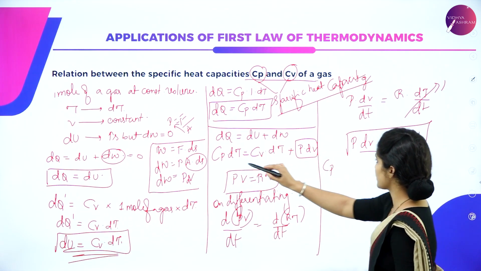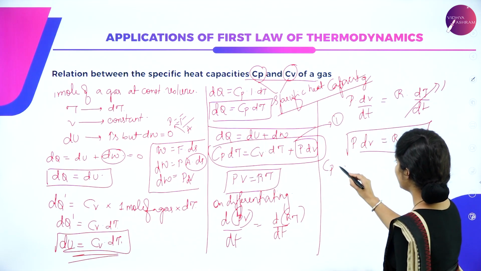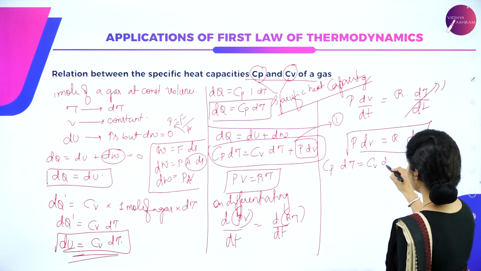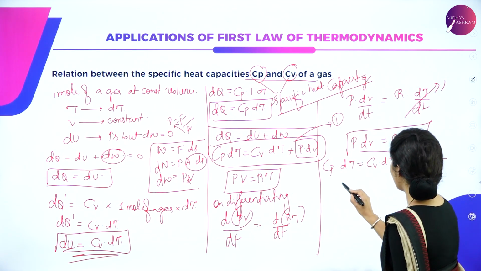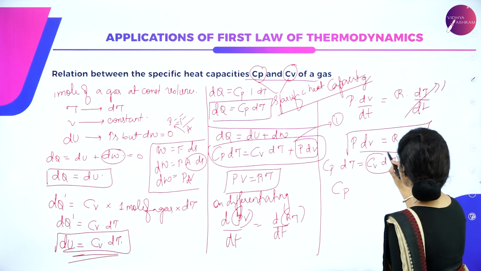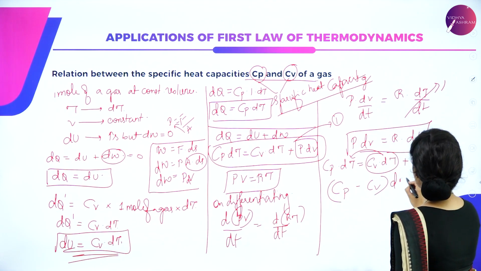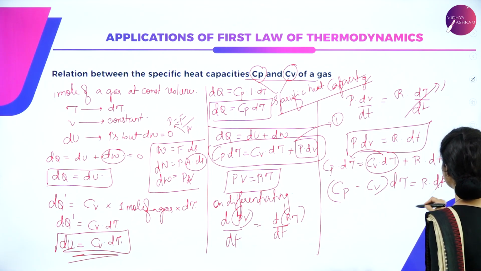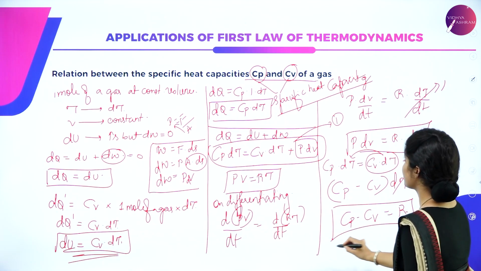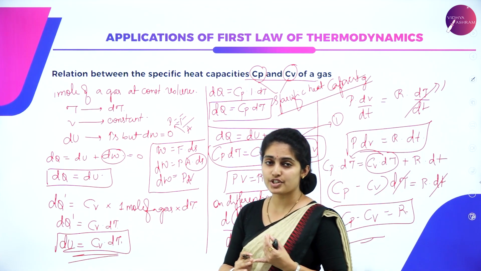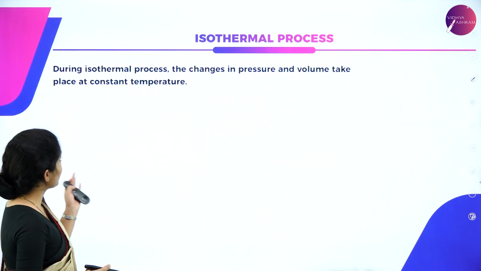Let us consider this as equation 1. From equation 1, we have Cp dT = Cv dT + R dT. Taking the Cv term to the other side, Cp dT minus Cv dT is equal to R dT. The dT cancels, so we have Cp minus Cv is equal to R. This is the relationship between the specific heat capacities at constant pressure and constant volume, which is also called Mayer's equation.